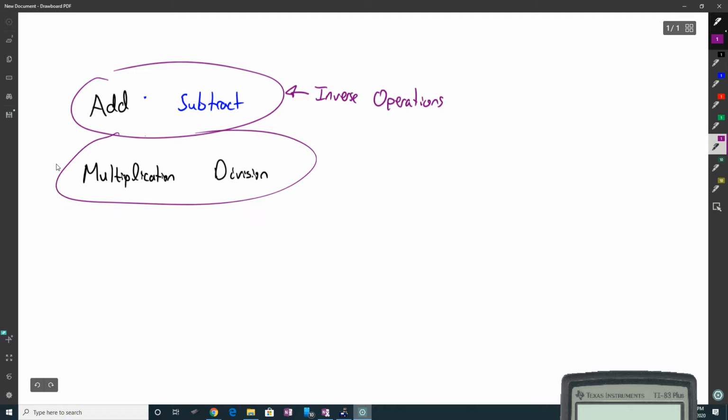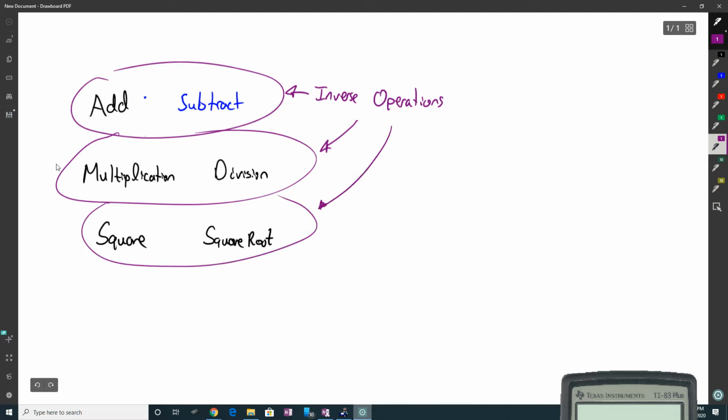These two are inverse operations. All right? When you square something and square root, there's a technicality here, but I'm not going to go into that. Those are also called inverse operations.